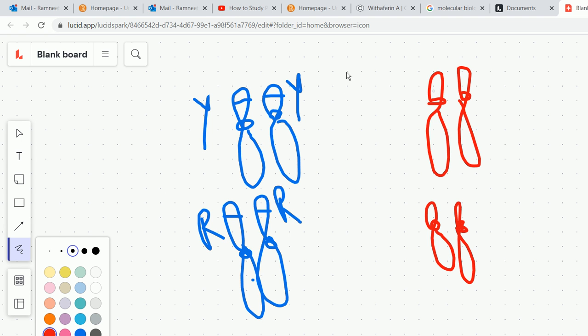Okay, so this chromosome has small y and small y. So the allele for the color of the peas is small y and small y.